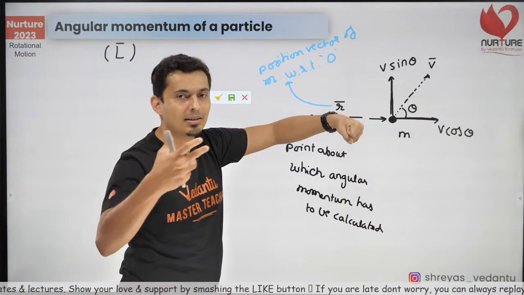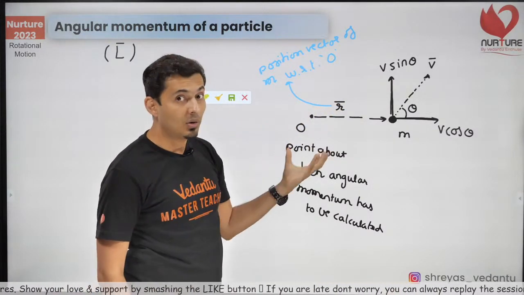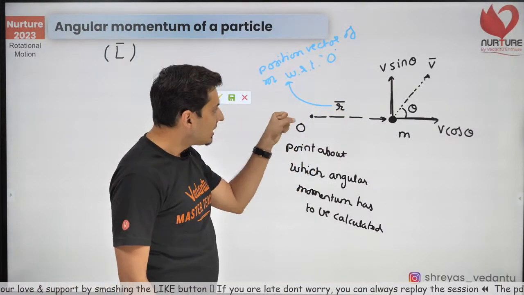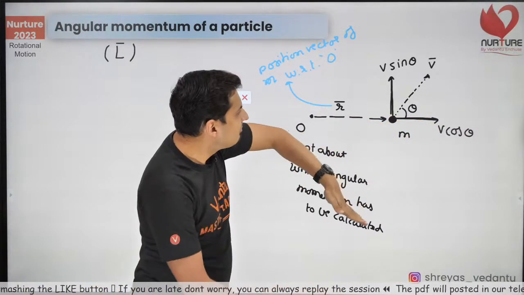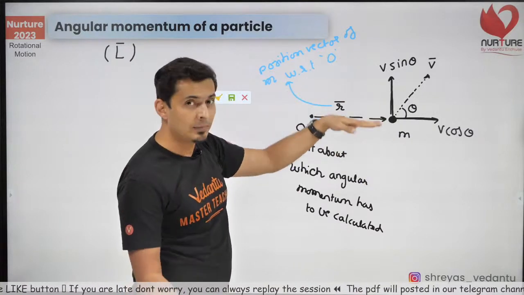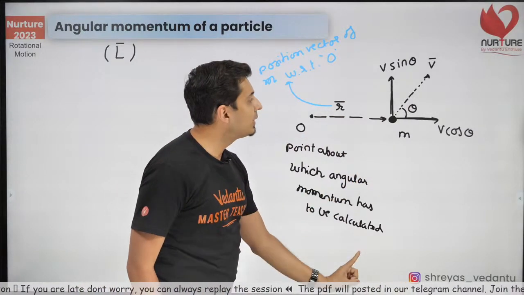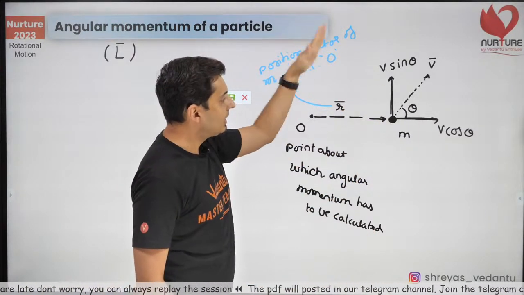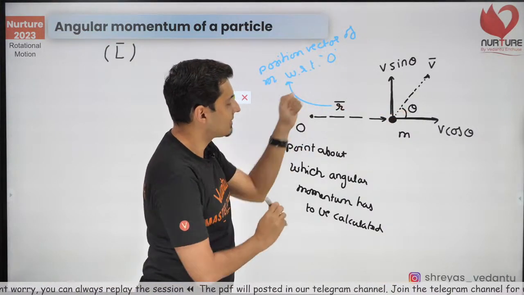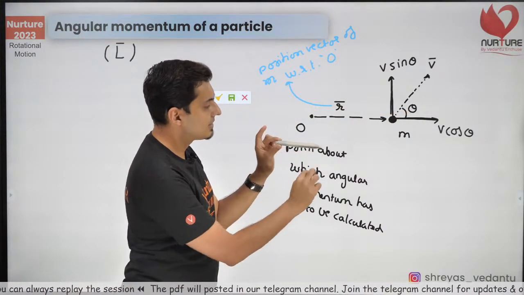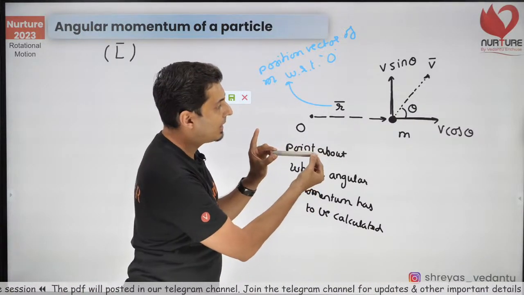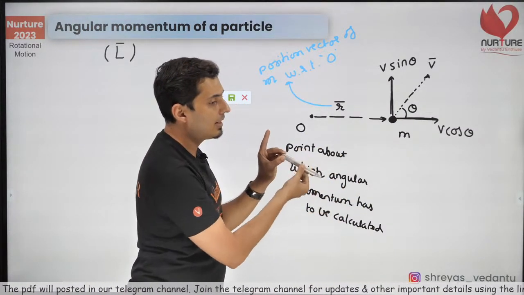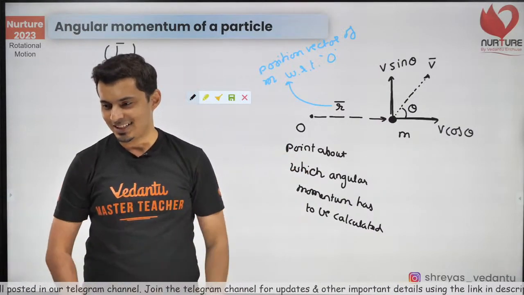If a particle is going with V cos theta, will it create an angular impact, or will a particle going with V sin theta create an angular impact about this axis O? So imagine this is the axis. Think about it.